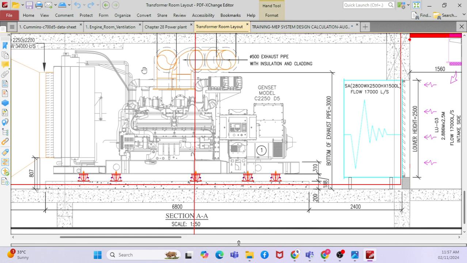For the proper operation of the generator, you need proper cooling from outside, and also ventilation, the amount of air required for combustion purposes. Clear, right?